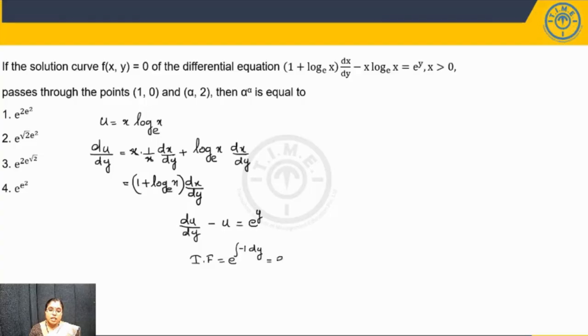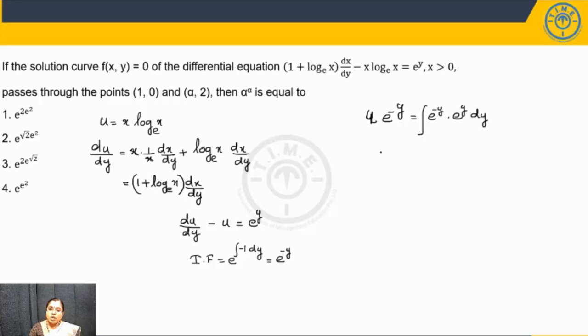So we have e raised to minus y. This is the integrating factor. So how will you write the solution? Usually we write y into the integrating factor; here the variable that we have is u. So let's write u into e raised to minus y equal to integral of e raised to minus y into e raised to y dy.